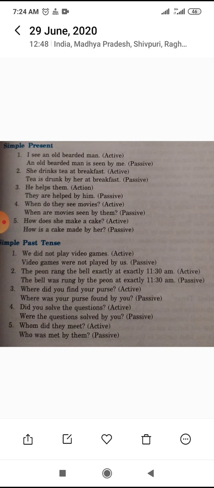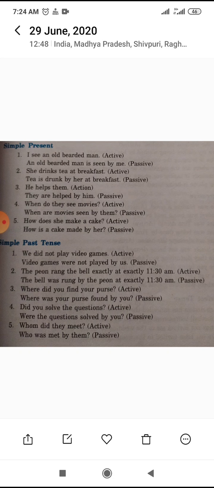And when we change it into passive voice, movies are seen by them. So this is the basic structure. We have to put the WH interrogative word at the very beginning of the sentence, even in the passive voice, followed by the helping verb of the passive voice, that is are. So when are movies seen by them?